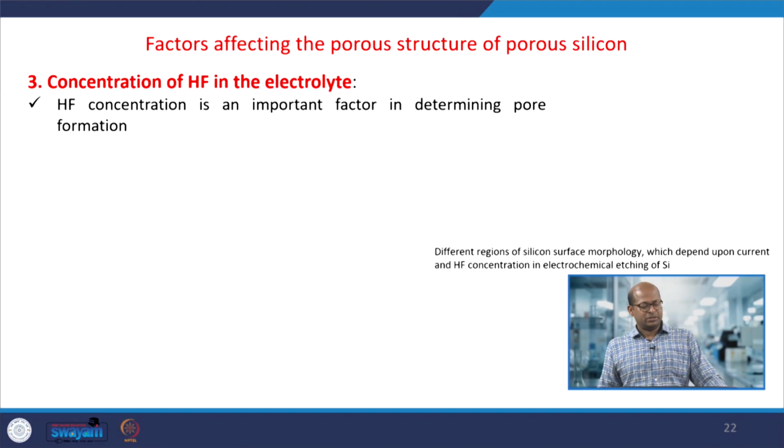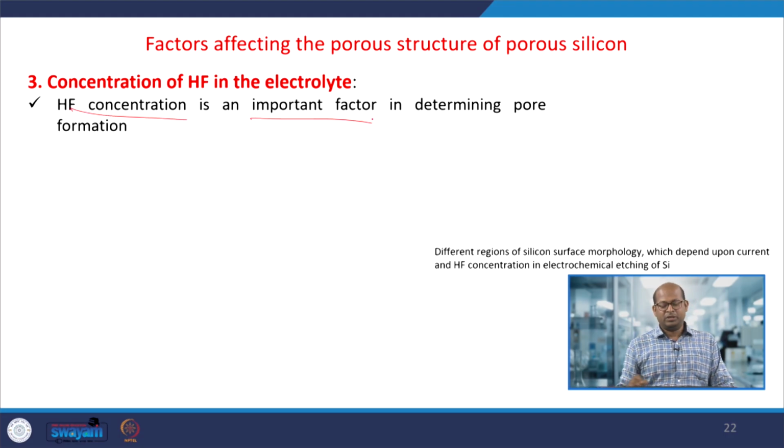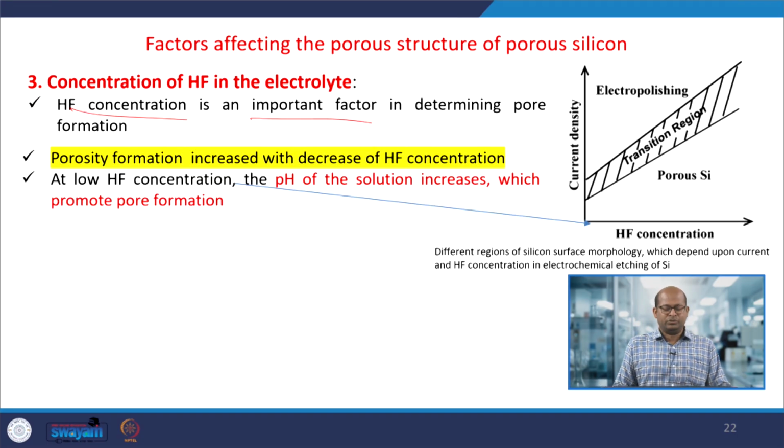And also next is the concentration of HF that is used in the electrochemical cell as an electrolyte. HF concentration is also very important, and it also affects the pore formation over the silicon wafers.